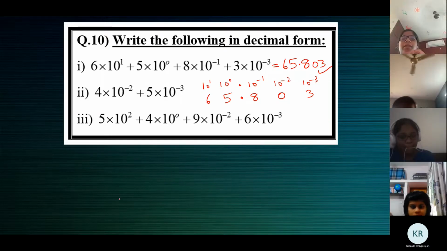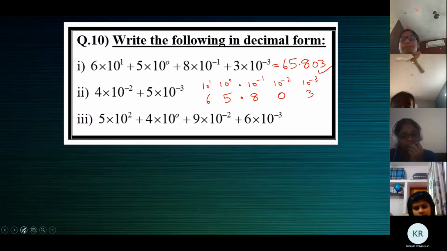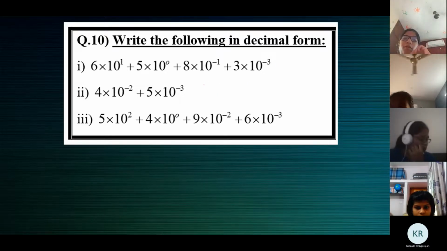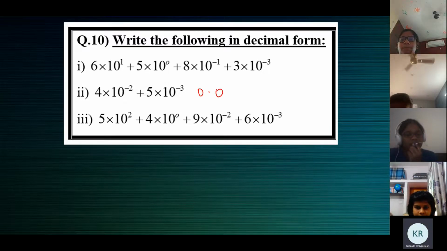Shall I say for next? Okay, 1 second. Children, all of you understand the first one? Yes, ma'am. Okay, Swati, the second one. Ma'am, I got 0.045. 0.045.